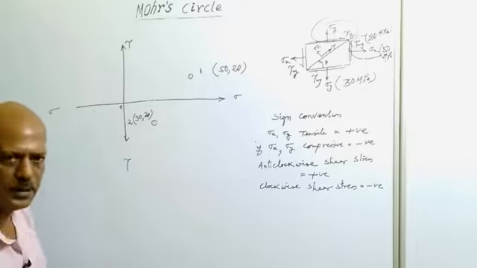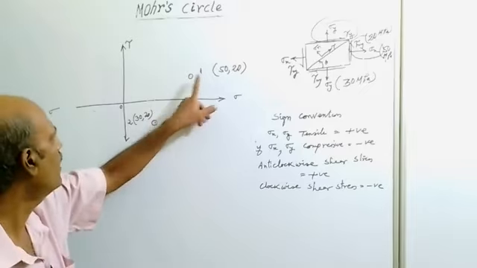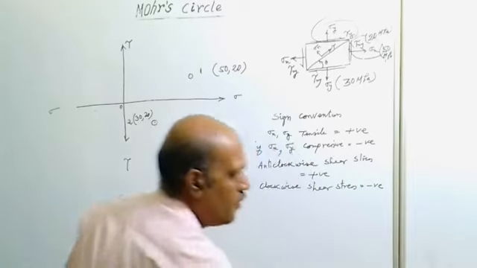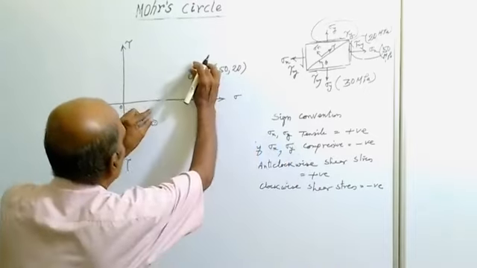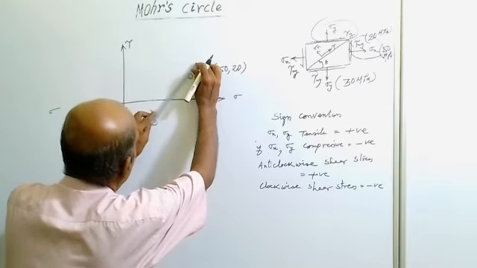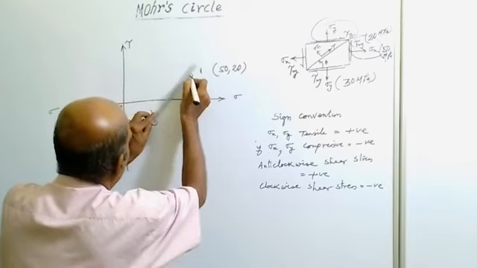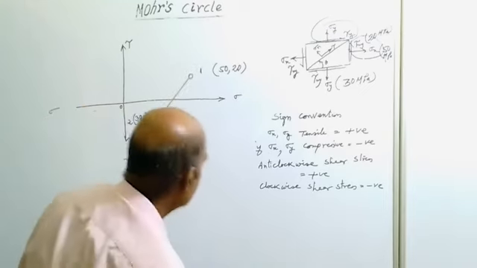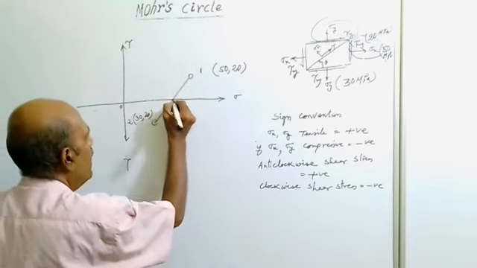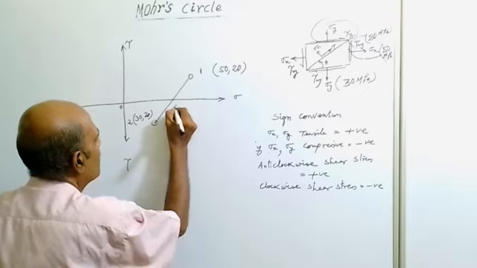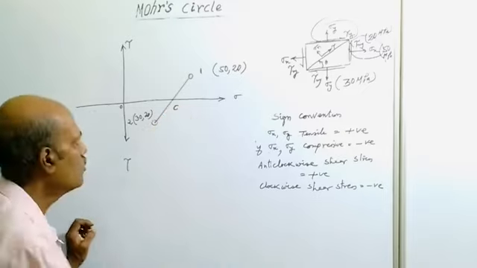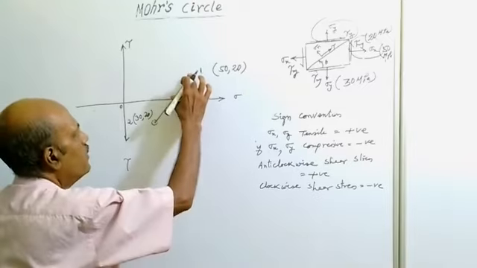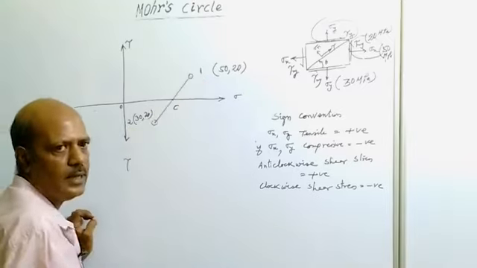So we have got 2 points, that is the first point and second point. Then join these 2 points by using a scale. It will intersect somewhere with sigma axis. So this is the center of Mohr circle. Take this one as center and this distance or this distance as radius.